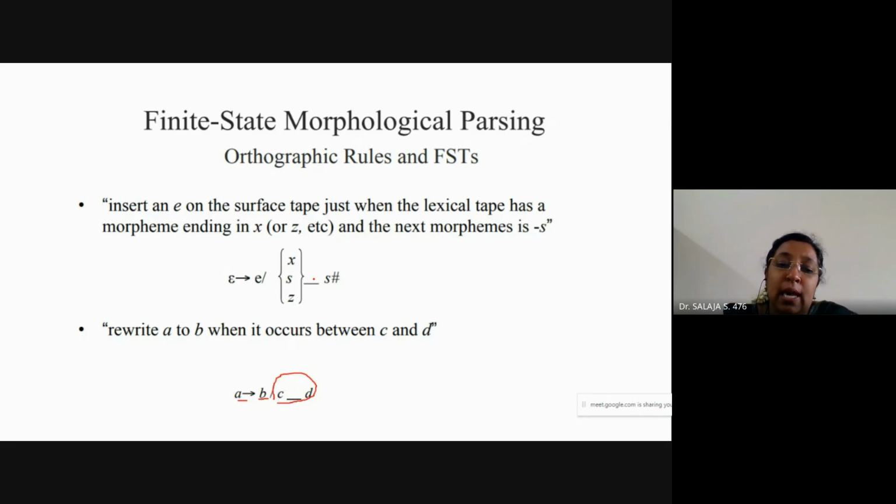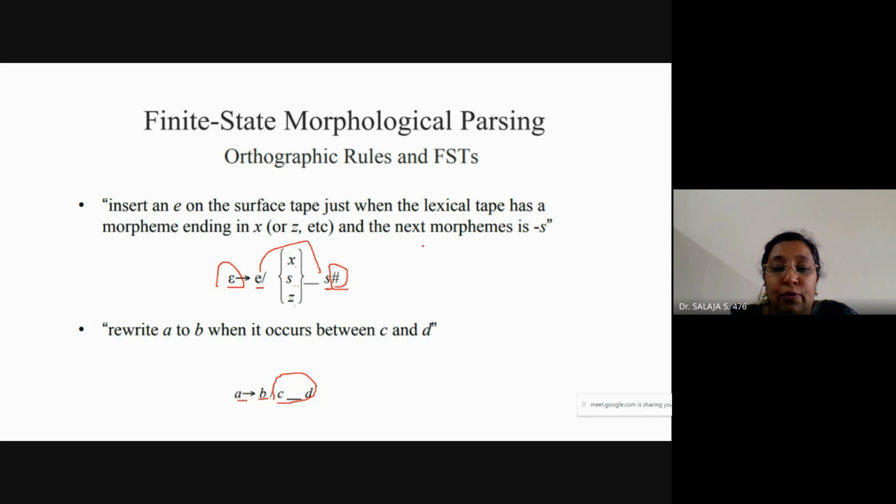Always when you read A, it is not converted to B. The condition is it has to occur between C and D. So similarly, where empty value can be converted to E if and only if we have X, S, and Z, followed by a plural, and here you have a word boundary. Hash is a word boundary. So if I have a word which ends with X, S, and Z, and I have a plural of it, I'll be inserting E to it.